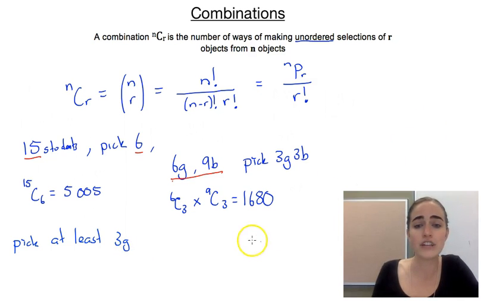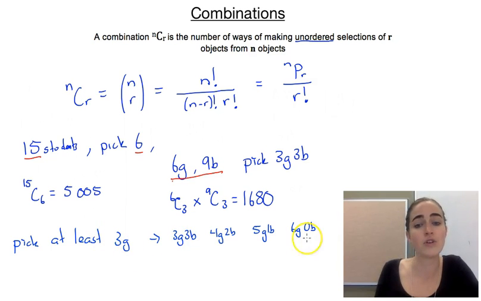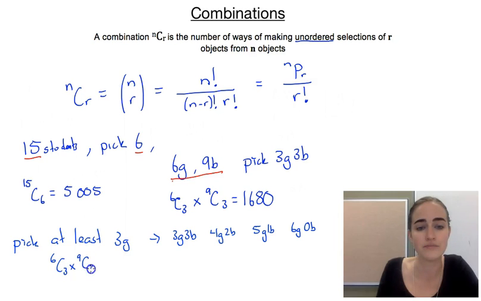At least 3 girls could mean I have 3 girls and 3 boys, or 4 girls and 2 boys, or 5 girls and 1 boy, or 6 girls and 0 boys. So these are all the different possible combinations. For each of these, I need to go through and do a calculation like this. For 3 girls and 3 boys, it's the calculation we already had, 6C3 times 9C3.